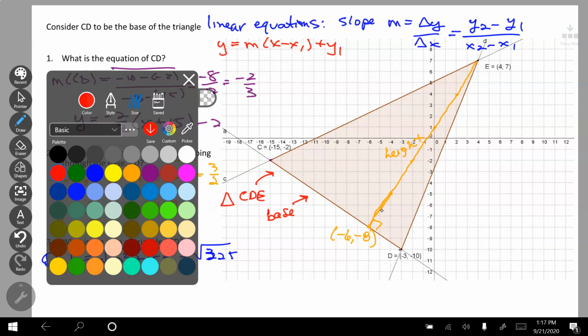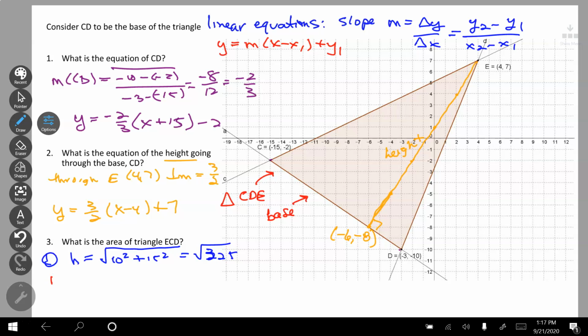Now for the base, the change in x's is 12 squared plus the change in y's is 8 squared. I get 208 is the length of that base.